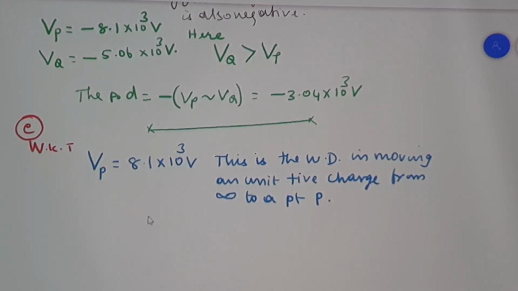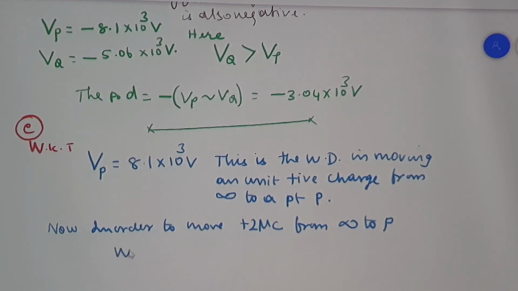Now, what is asked? In order to move plus 2 microcoulomb from infinity to P, work done is equal to potential energy, which is equal to the work done in moving a unit positive charge multiplied by the charge moved.